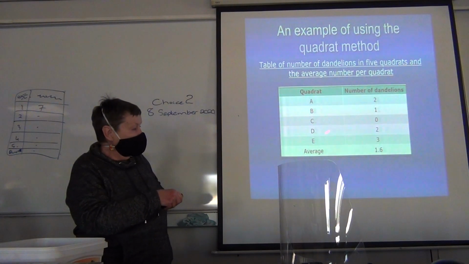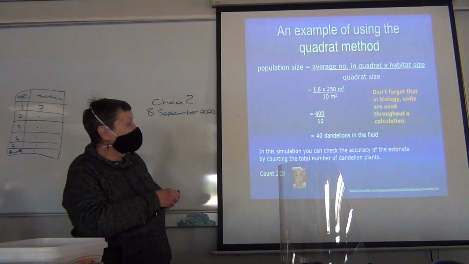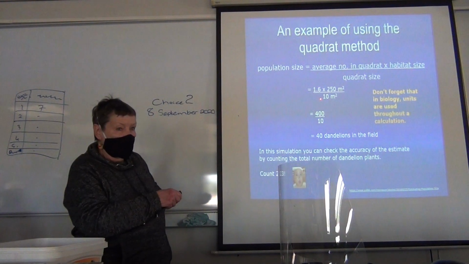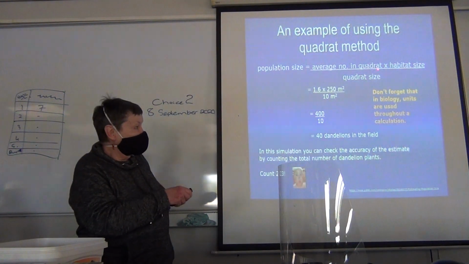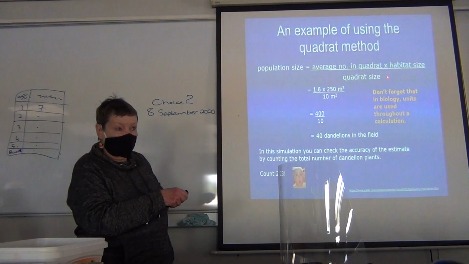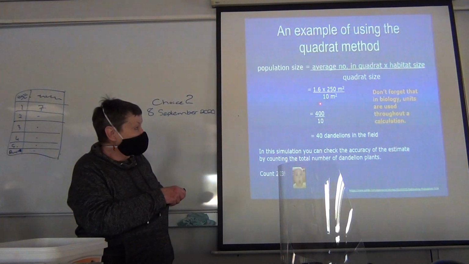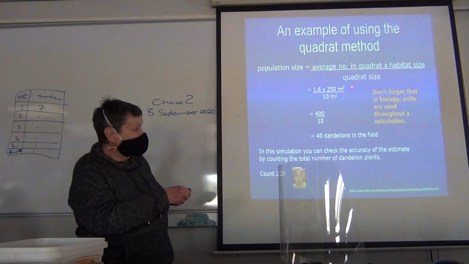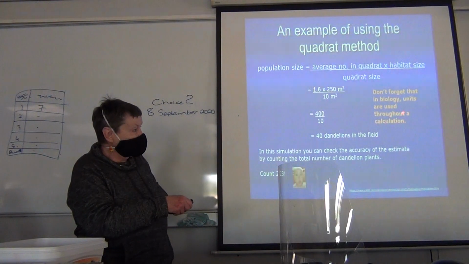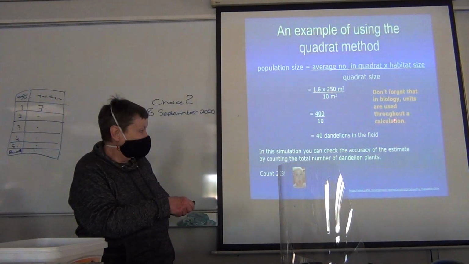So here we go, and so the average is 1.6, and so the formula would be 1.6. There's no units. Remember, you must write the full formula. There's no units for 1.6, but 250 square meters, and remember in biology, units are used throughout a calculation.